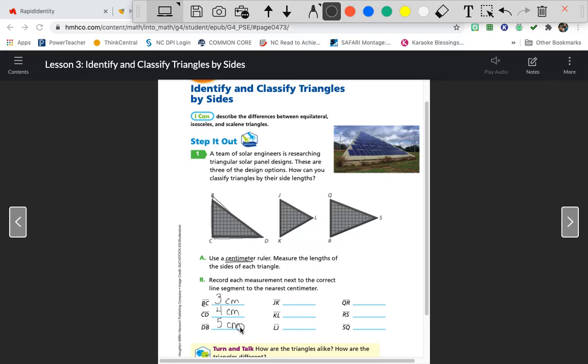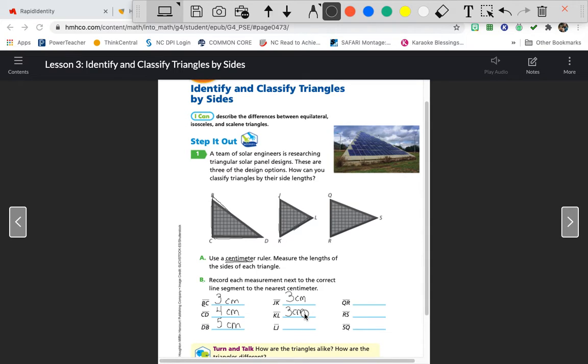We're going to keep writing the measurements and recording. So if you've had a chance to do this on your own at home, then you're going to be watching and making sure that your measurements match mine. So for line segment JK, we're going to say that's 3 centimeters. For KL, 3 centimeters.